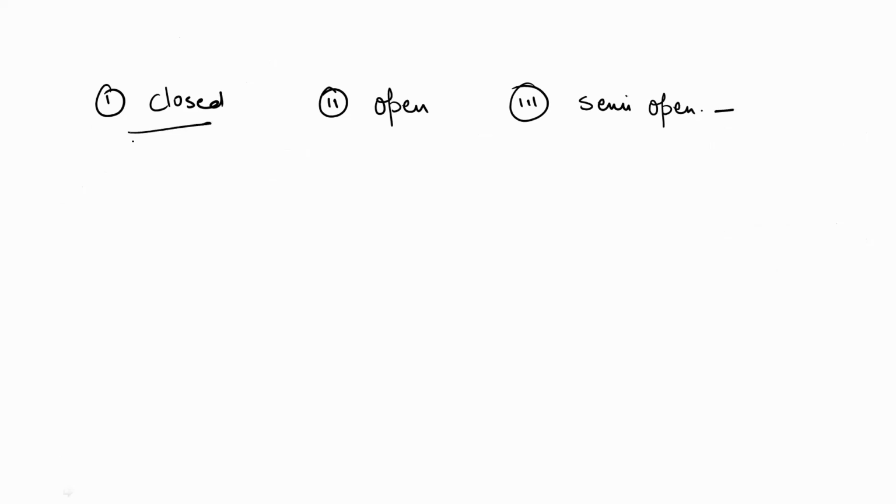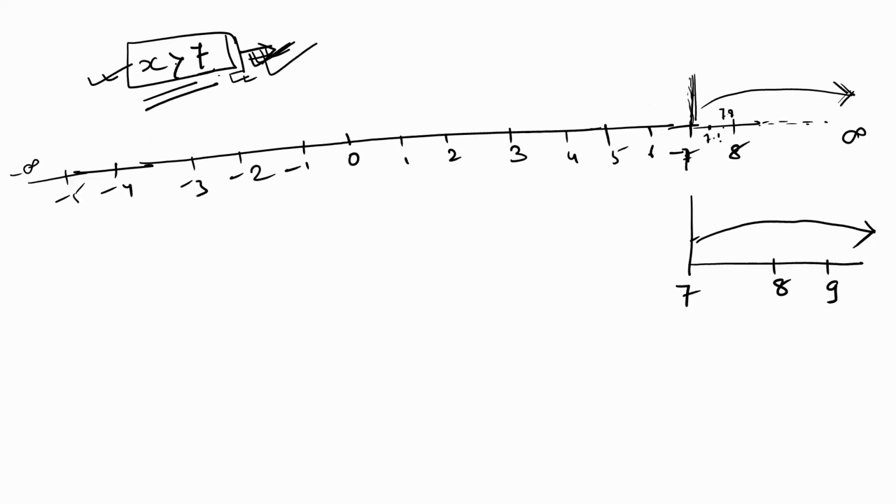Now see, what do we mean by closed interval? Basically this is an interval, this is also an interval, this is also an interval. Now see what interval means. Here I told you x greater than 7, x greater than 7 means we have to take the values just greater than 7, meaning 7.00001, then 7.1, 7.2, 3, 4, and so on up to infinity. So here we do not have to take the value of exactly 7.